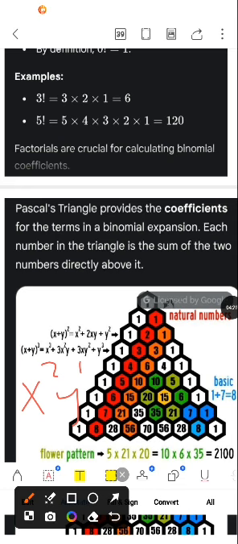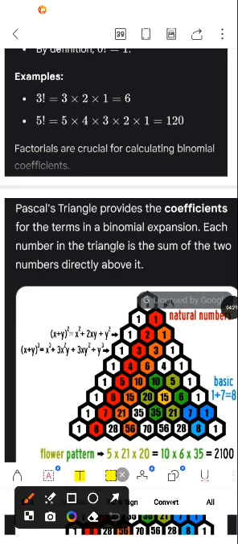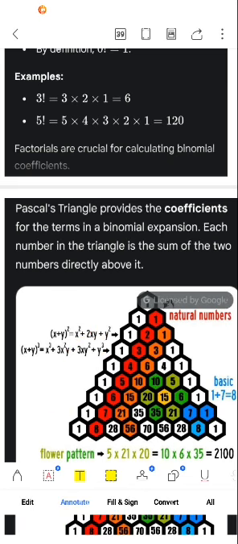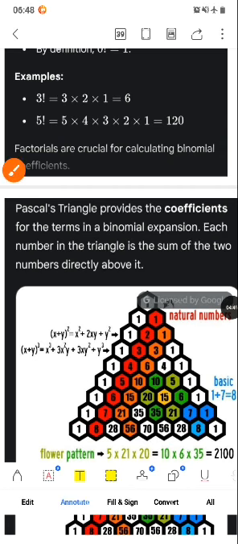In the third term, x decreased to 1 and y became 2. And in the last term, x became 0 and y became 3. That's the second property.